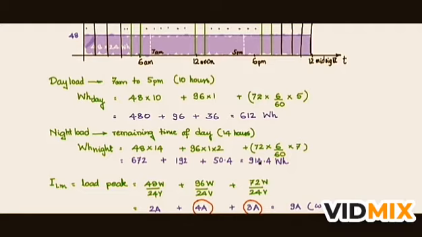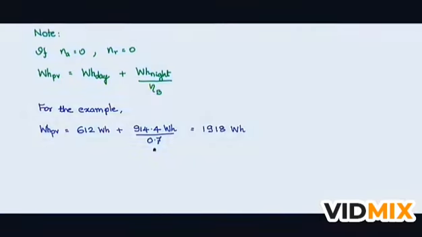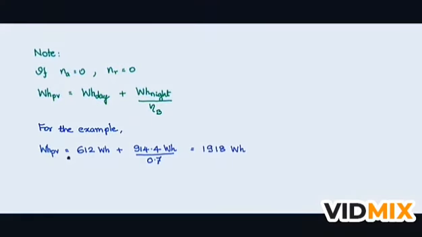Let us use these two numbers and try to calculate the PV array size that is required. The watt hour PV is equal to 612 watt hours for the day load, 914.4 watt hours for the night load, plus you have to include also the charge discharge losses. So we have the 0.7 or 70% battery efficiency, and all this works out to be 1918 watt hours.